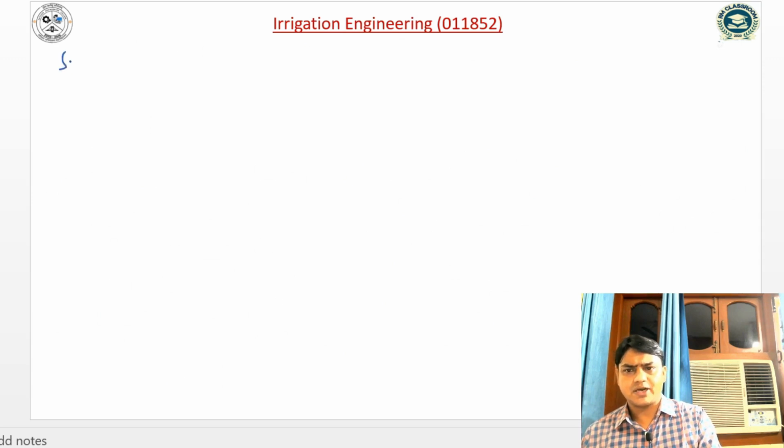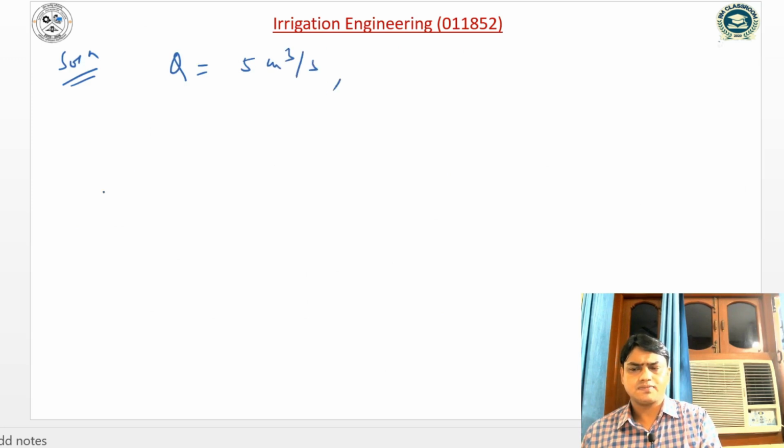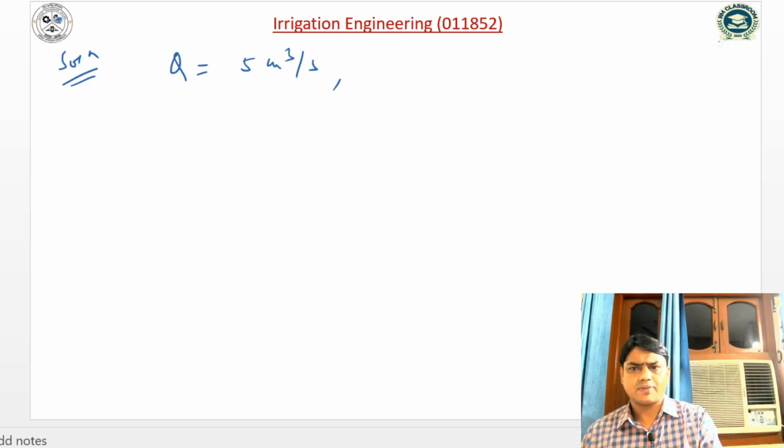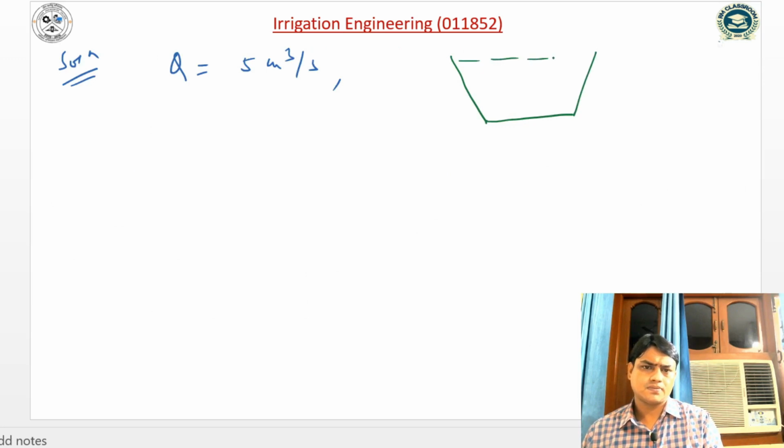So firstly, given data: discharge is given 5 meter cube per second, and the channel is trapezoidal with half horizontal to 1 vertical.